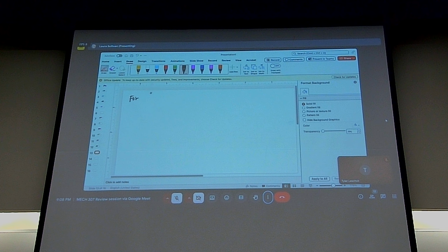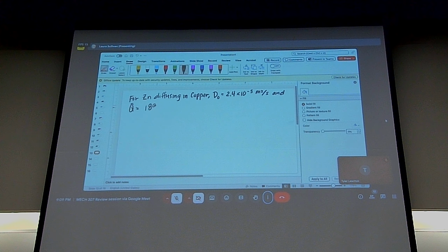Let's see what I got here. For zinc diffusing in copper, D0 is 2.4 times 10 to the negative 5 meters squared per second, and Q is equal to 189 kilojoules per mole.